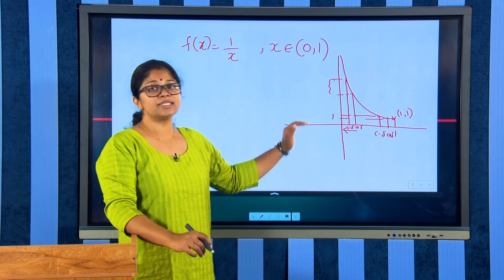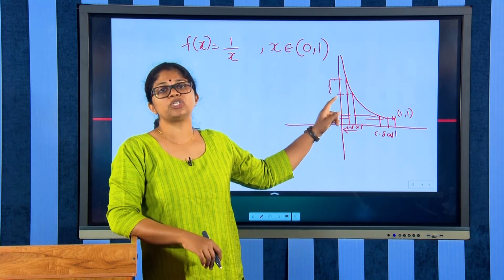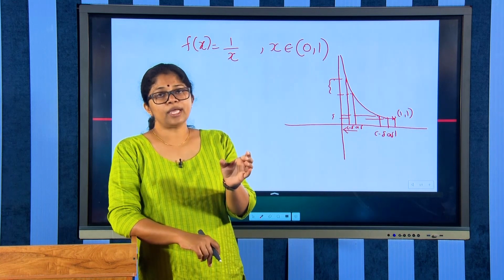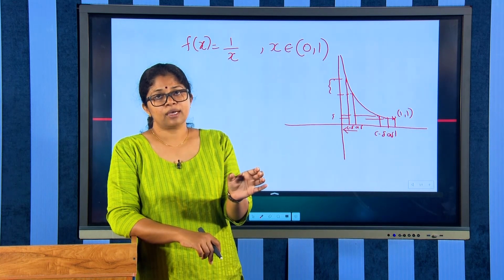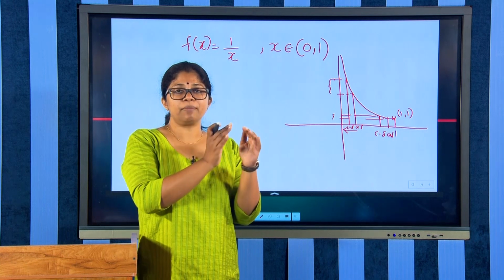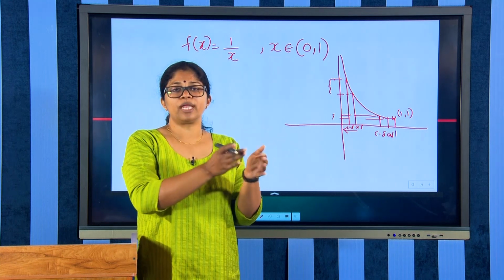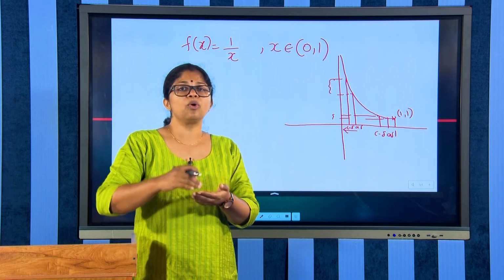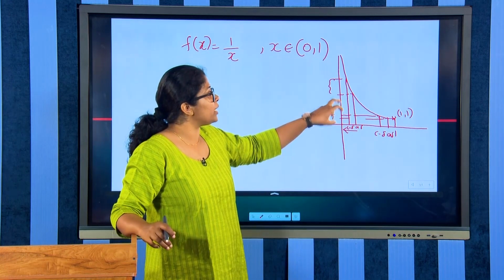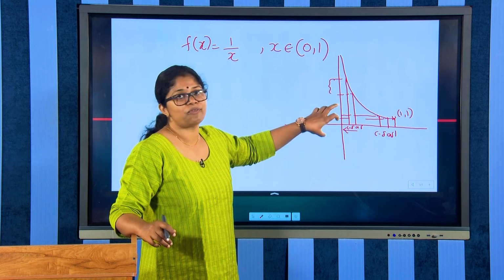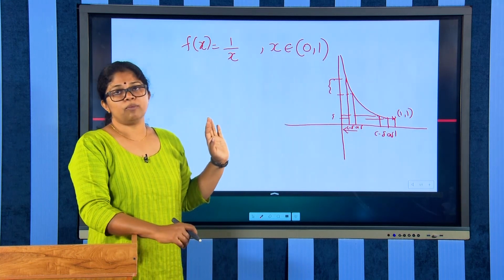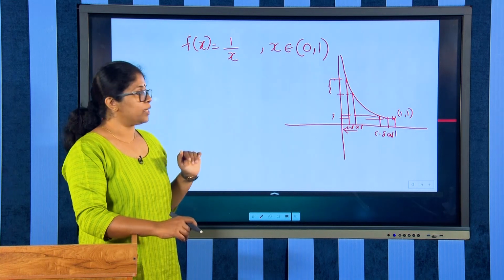So there are some continuous functions which are of this nature. The neighborhoods of x with the same delta value, for different x values, will show a very wide variation in the corresponding function values. For uniform continuity, this should not occur.